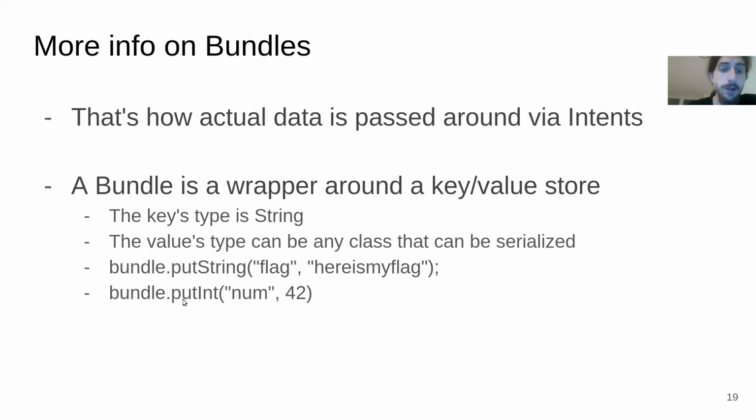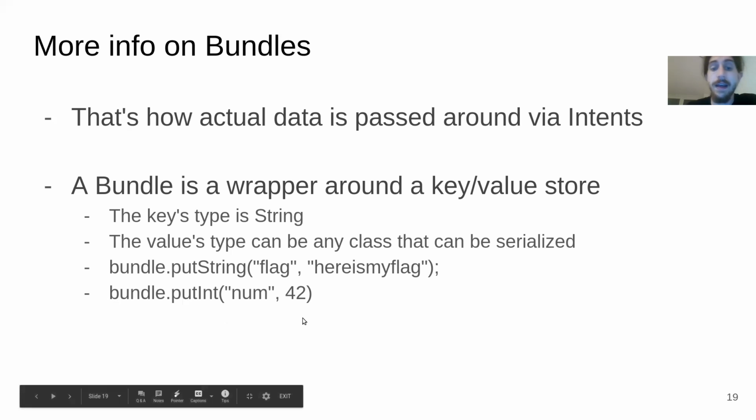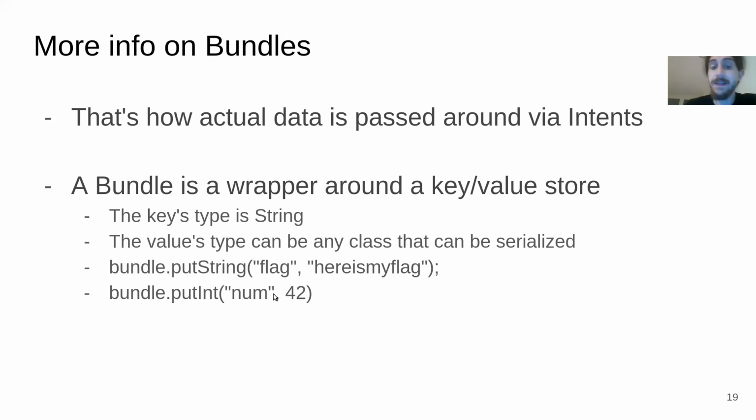So if you see bundle.putInt, you know that you're associating an integer to a key of type String. In this case, you have a key-value entry where the key is num, and the value is the integer 42. If you check the documentation, you're going to see methods for basically all the different data types in Java.